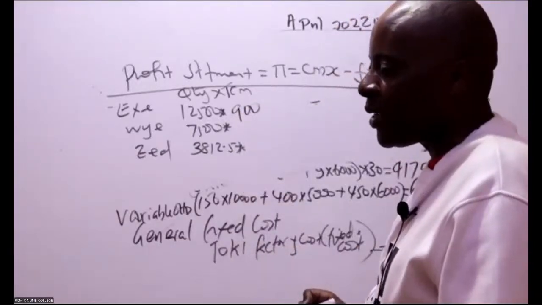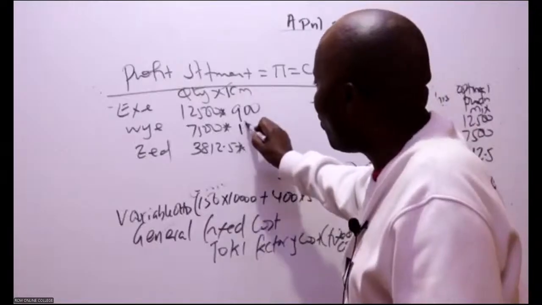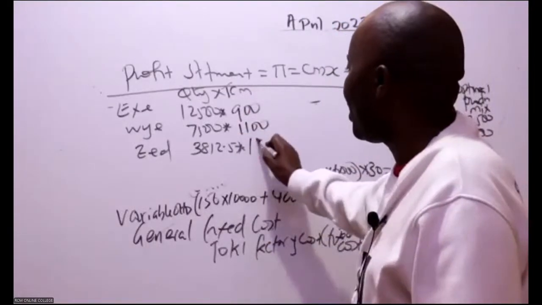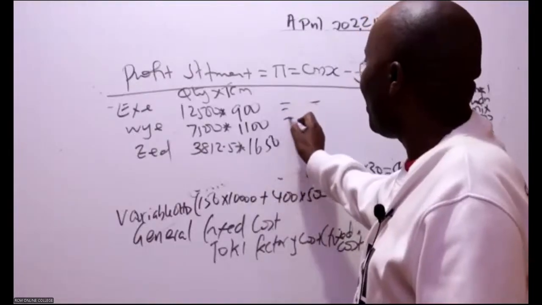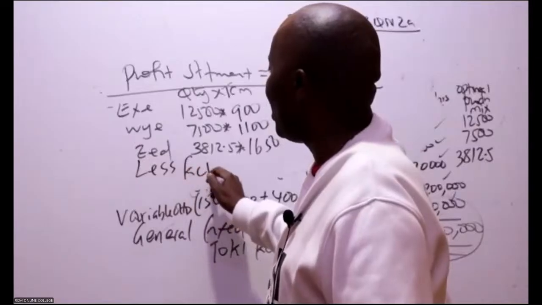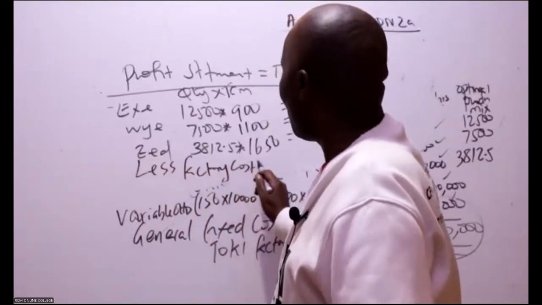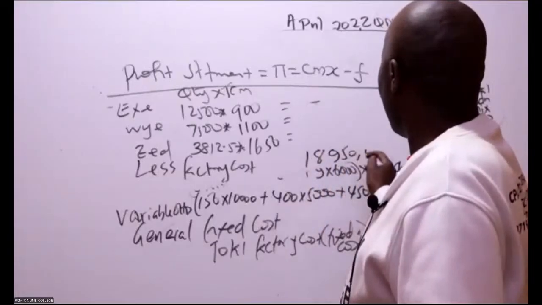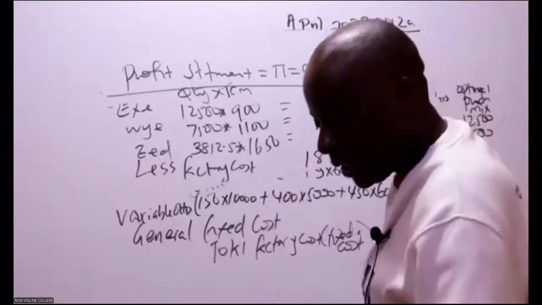How about Y? 1,100 for Y. How about Z? 1,650. So please give me these figures, less factory costs. And the factory cost is 18,950,000.